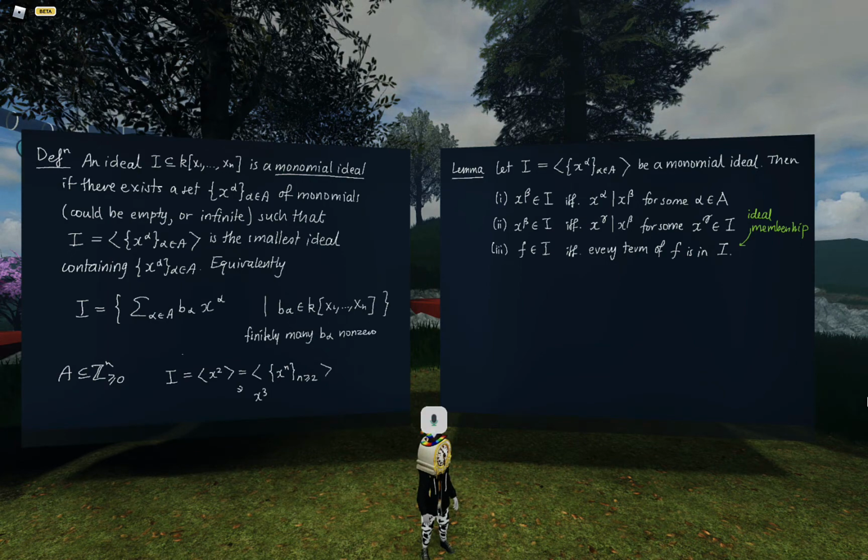And we'll talk about that more in a moment. Okay. So given an f, if I want to check that it's in the ideal, part 3 of the lemma says, just go through every term and check whether it's divisible by one of the things in my generating set. And if that's finite, that will be an effective procedure for checking whether f is in the ideal.